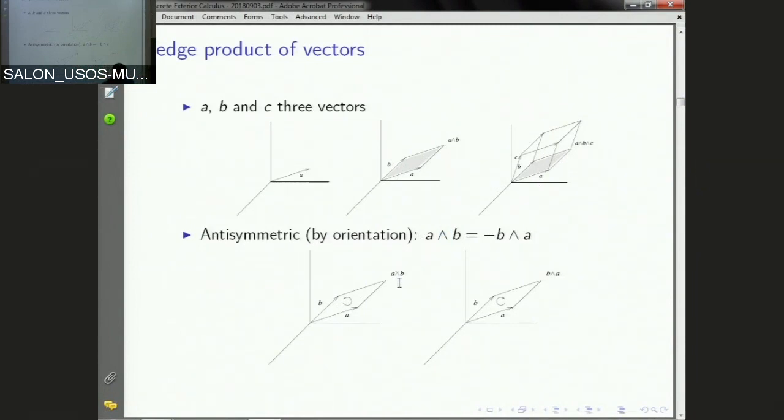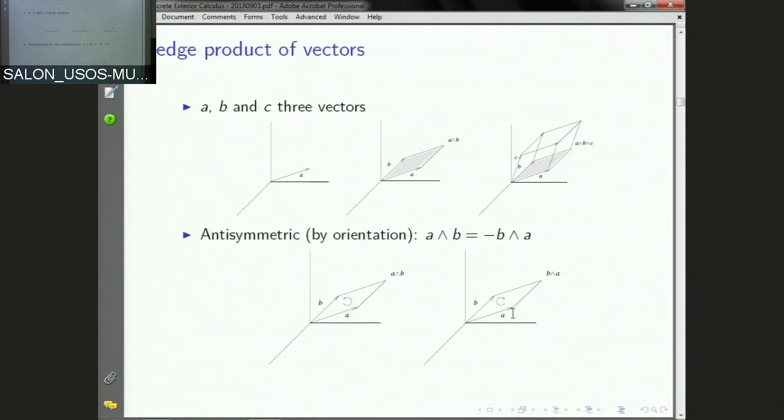Now, one thing one notices straight away is that it is not the same to list the vector A and then the vector B as it is to list first the vector B and then the vector A, because the orientation that is determined by listing them one way or the other is opposite.